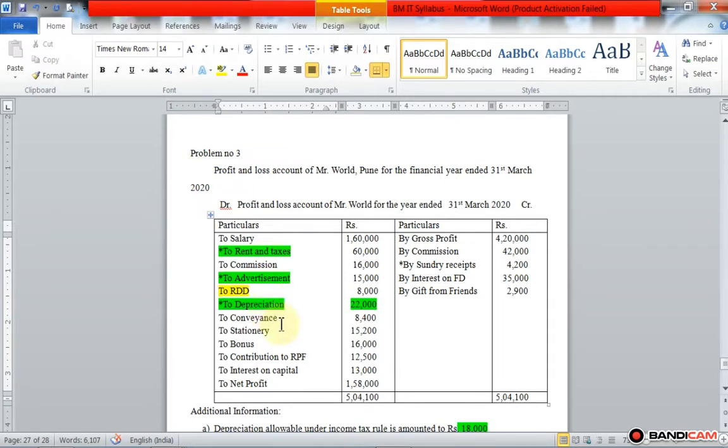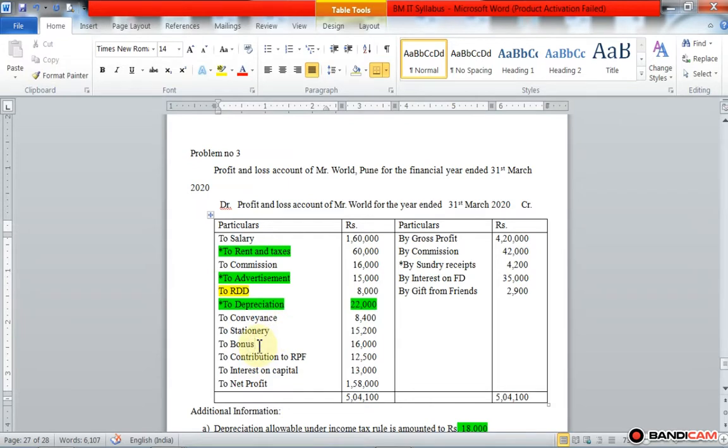Conveyance is allowed, it is transport expenditure, or conveyance from home to office, or conveyance given to owner or employee. So this expenditure is allowable as business expenditure. Then stationery is business expenditure. Bonus, here nothing specific is given.